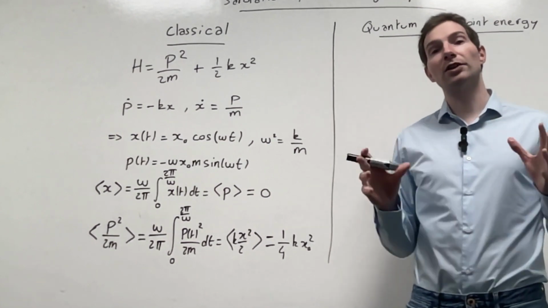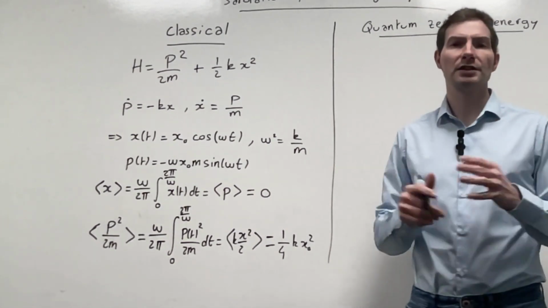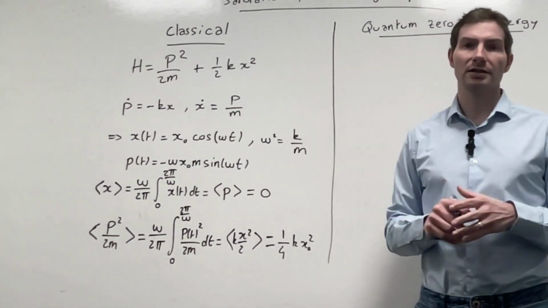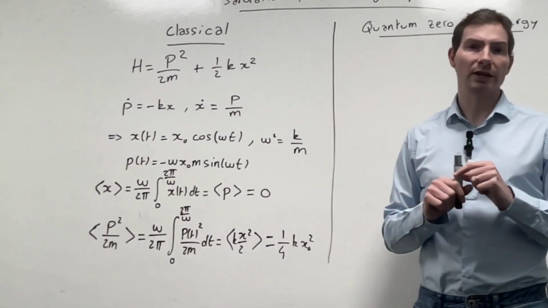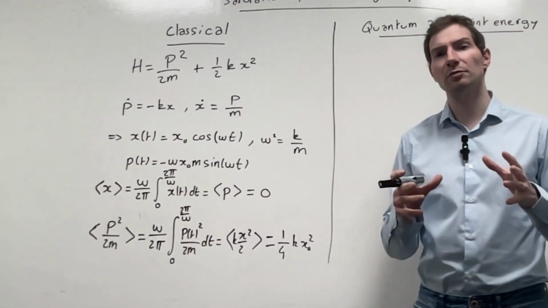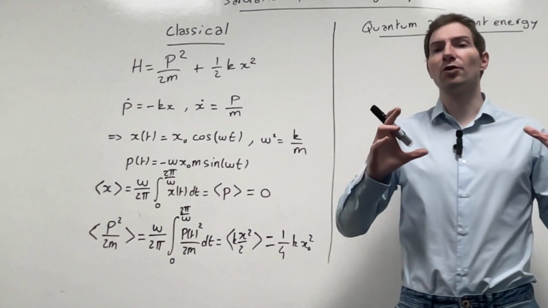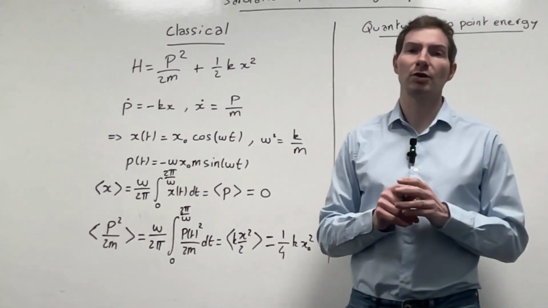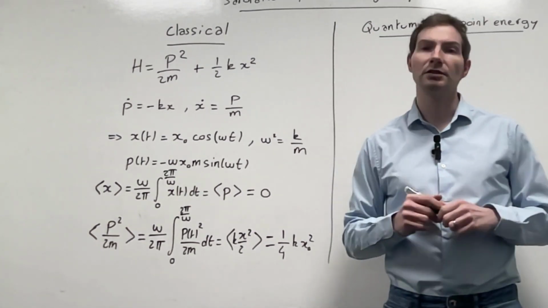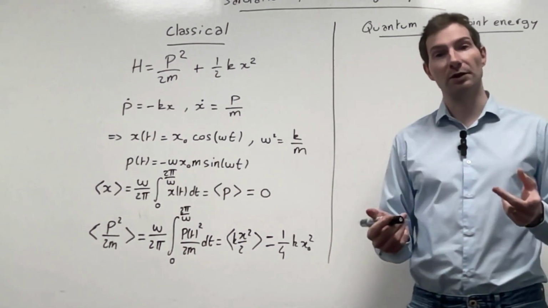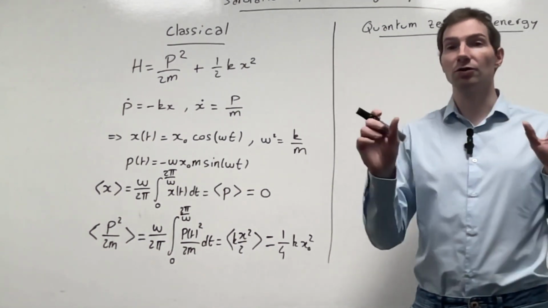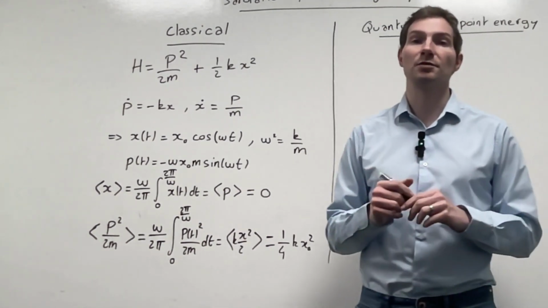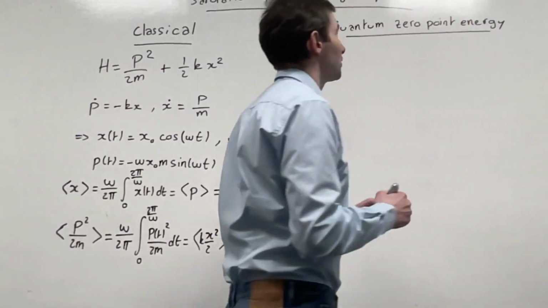So that's what I consider to be kind of for granted in the classical case. What we are going to look at now is how we can explain that when we try to look for the smallest energy possible, we end up with a non-zero value in quantum mechanics. And again, we are going to use something very simple, which is the Heisenberg uncertainty relation.